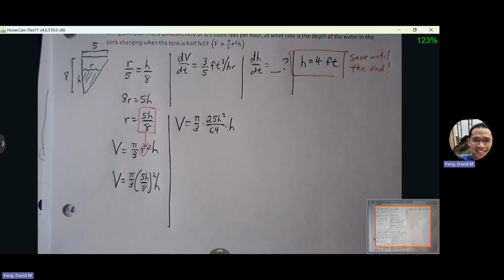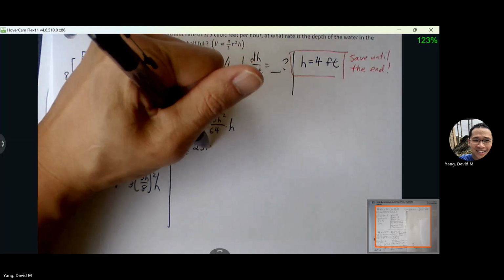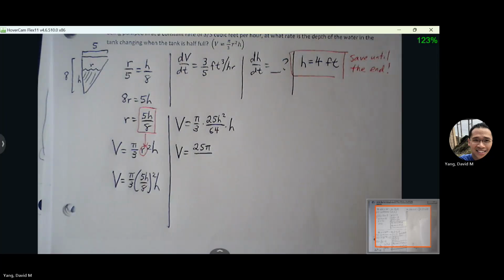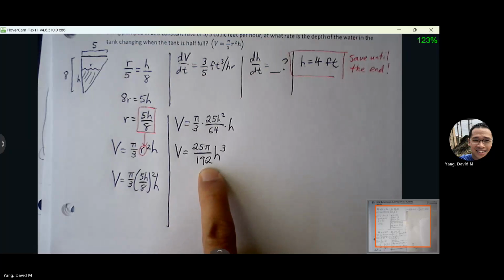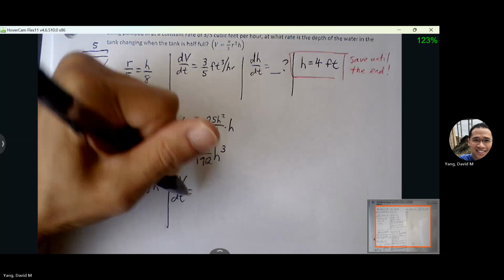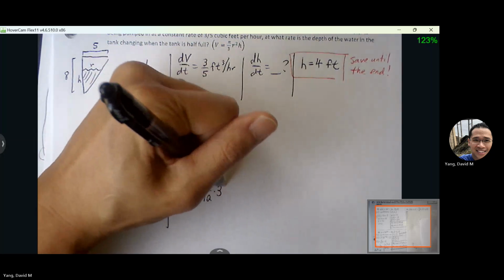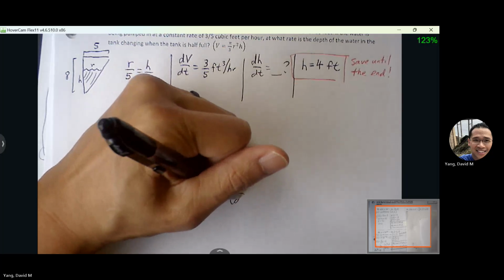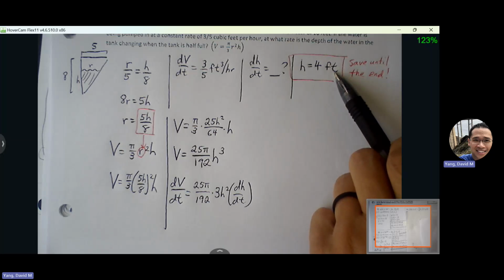If you only see one h on the right side, then that's when you know you're ready for power rule. All right, we're saving that 4 until the end.